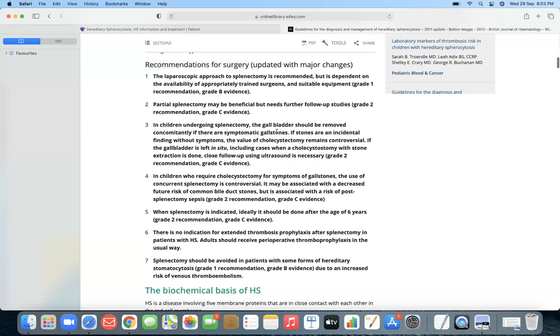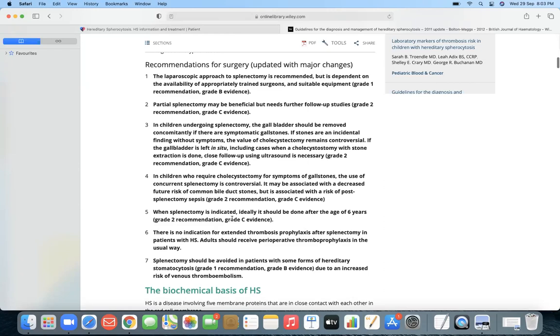So just remember that if there are symptomatic gallstones, when you are doing laparotomy for splenectomy, even the gallstones will be removed. Children who require cholecystectomy for symptomatic gallstones, the use of concurrent splenectomy is controversial. Same thing we read in the patient info.